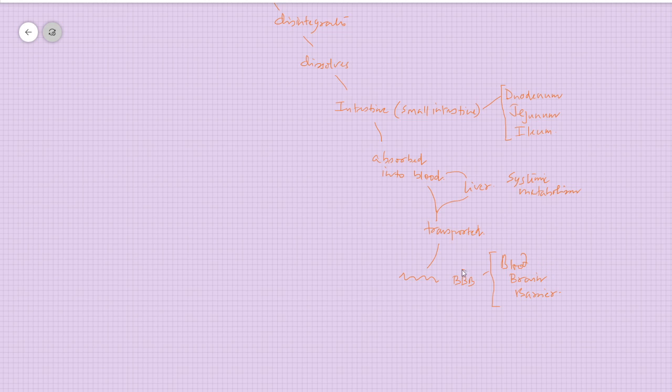So in the CNS, we have got the blood-brain barrier. The other barriers would be blood placental barrier, and blood testis barrier.